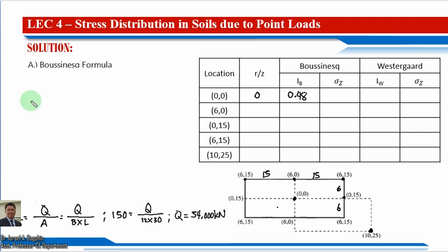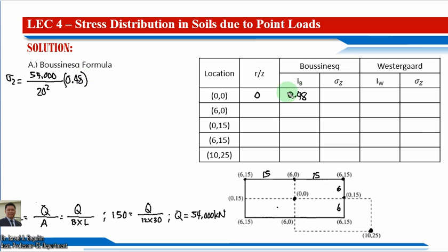So sigma z is equal to our Q, which is 54,000, over z squared, where our z is 20 meters, times our value of I_B, which is 0.48.